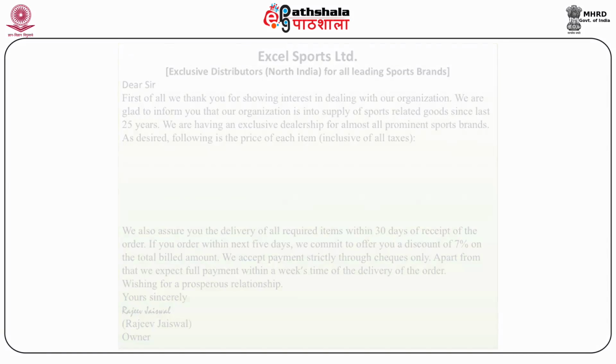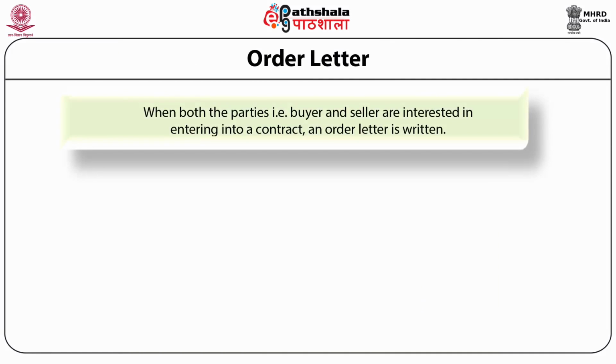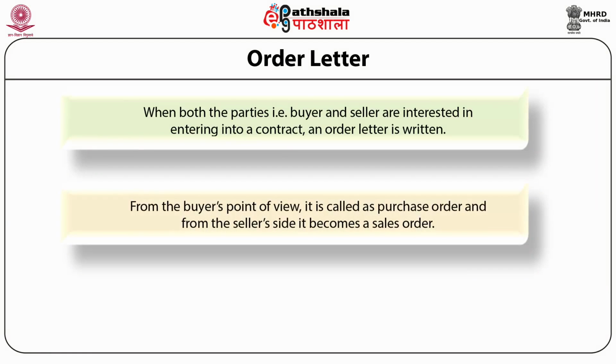When both the parties, that is buyer and seller, are interested in entering into a contract, an order letter is written. From the buyer's point of view, it is called a purchase order, and from the seller's side, it becomes a sales order.